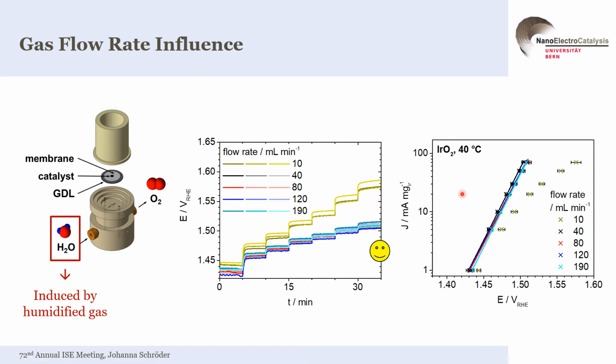Looking now at the Tafel plot, we see that above 40 milliliter per minute the same parallel Tafel slopes are obtained, and only some nonlinear behavior is seen for very low flow rates. So the conclusion is, as long as we stay high enough, in this case 40 milliliter per minute, we reach comparable activity results in the gas diffusion electrode setup and don't expect any influence of the flow rate.